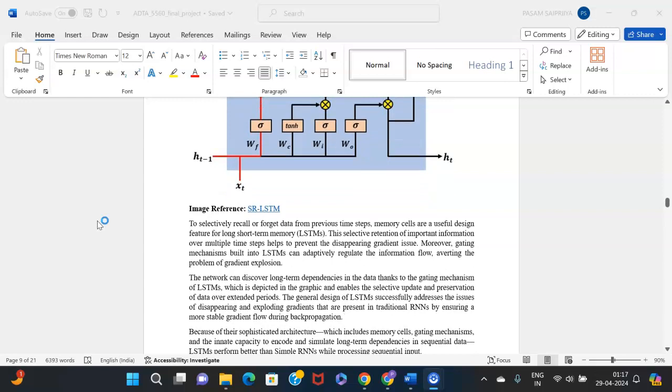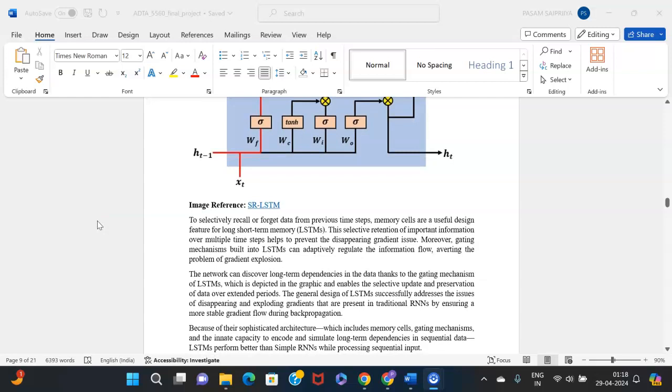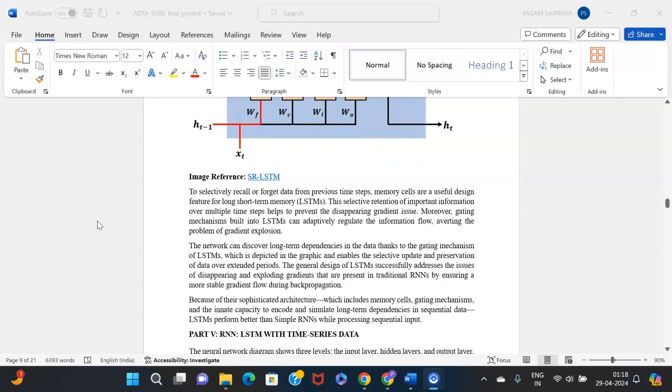To selectively recall or forget data from previous time steps, memory cells are a useful design feature for long short-term memory. This selective retention of important information over multiple time steps helps to prevent the vanishing gradient issue.